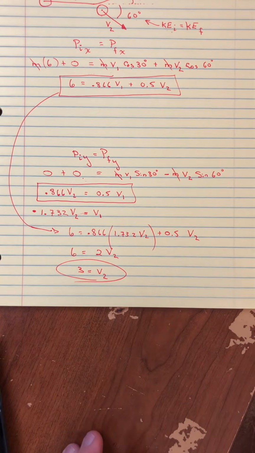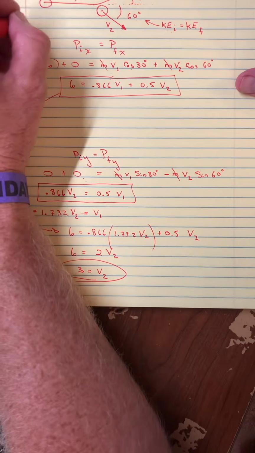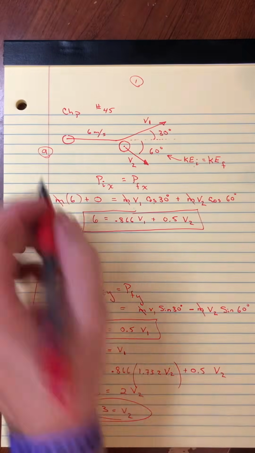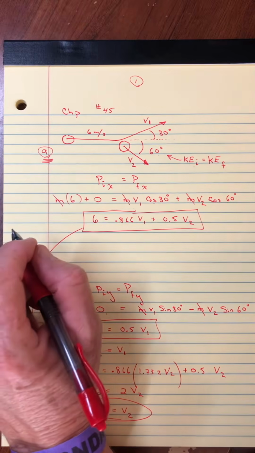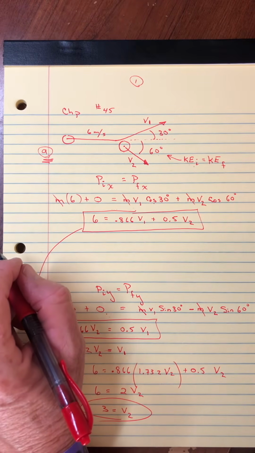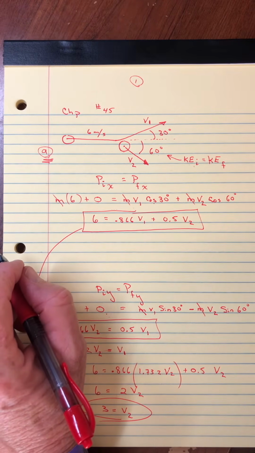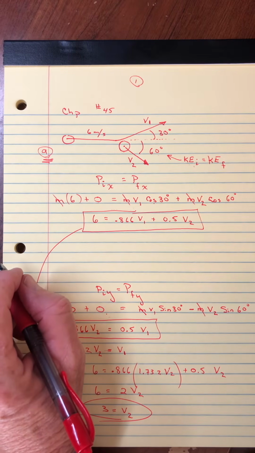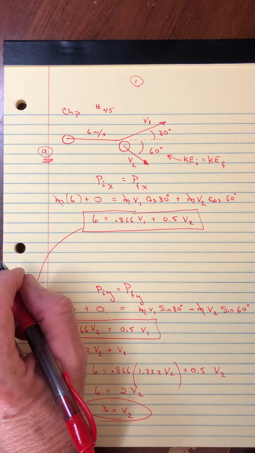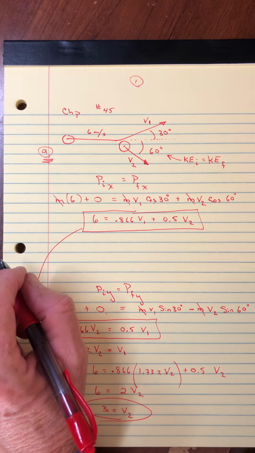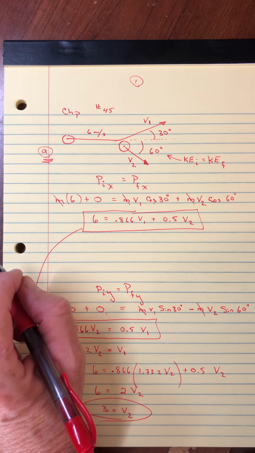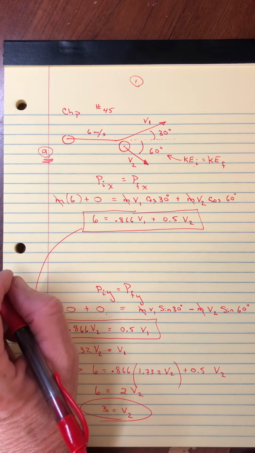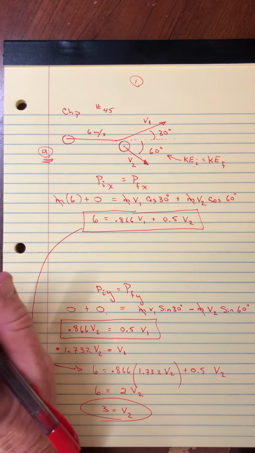Okay. And that's all I have to do for A, because A is all they asked for. Let me just double check. A says the incoming puck scatters at... What is the velocity, magnitude, and direction of the second puck?